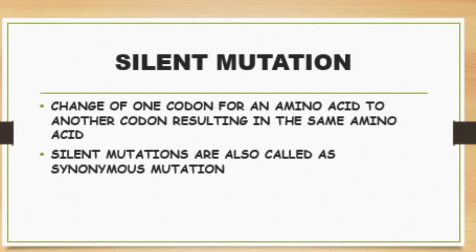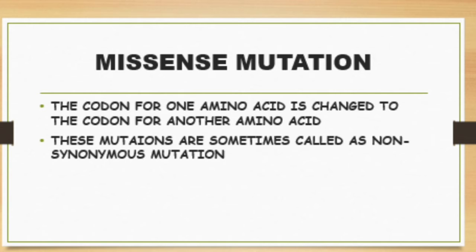Okay. After silent mutation, we have missense mutation. So what is missense mutation? The codon for one amino acid is changed into the codon for another amino acid. In silent mutation, the codon for one amino acid changed into a codon for the same amino acid, but in missense, it doesn't code for the same one. It changes the amino acid.